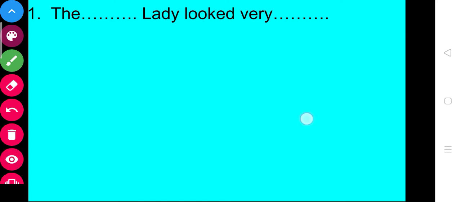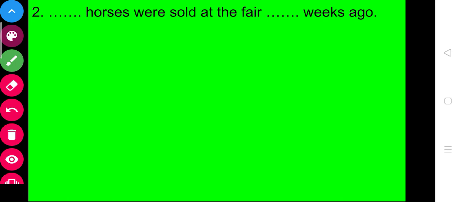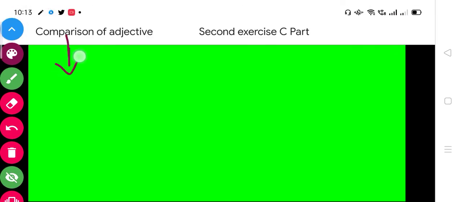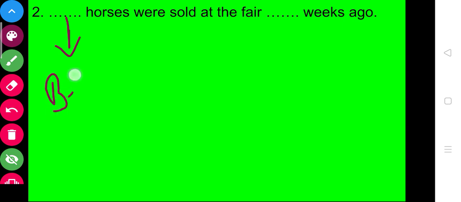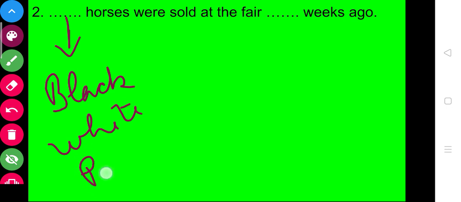Now the next question is: dash horses were sold at the fair, dash weeks ago. Here we have different colors of horses. People used to like the horses, especially the race horses, and they used to check for the colors. For the first dash we can say black horses, white horses, or race horses.